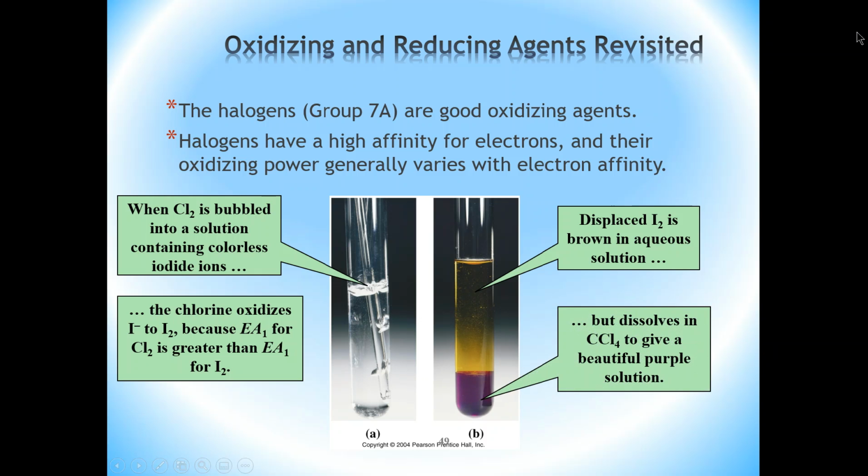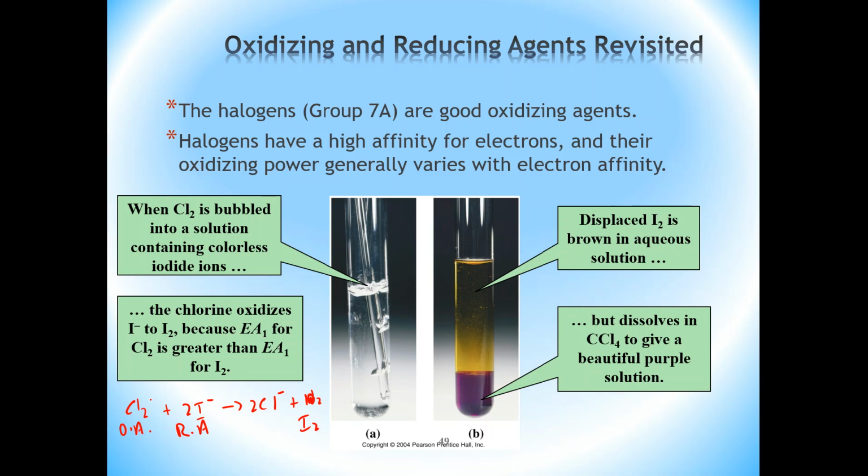Okay, so just to give you the equation for this reaction, the equation is Cl2 plus 2I minus to give 2Cl minus plus I2. I'm sorry, I2, not H2, I2. All right, so that's the reaction taking place. And in this particular case, the chlorine is acting as an oxidizing agent, and the iodide is acting as the reducing agent.